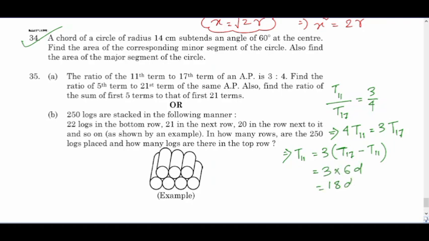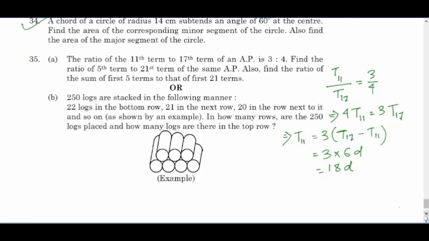That is 18D, so the 11th term is 18D. Now the 11th term means the first term A plus 10D, so the first term will be equal to 8D. Now we have expressed the first term in terms of D, so we can calculate.